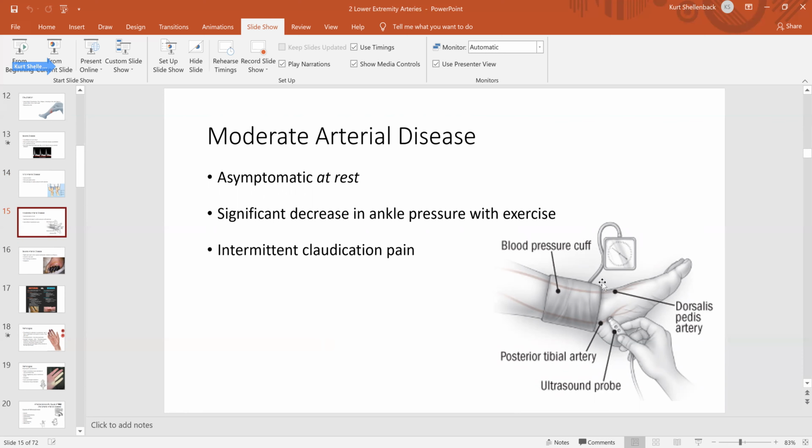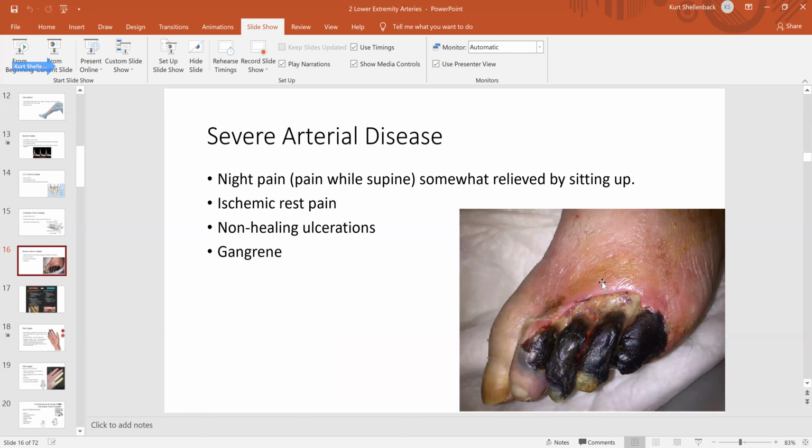So when you do an ABI, an ABI is going to give you a general idea, but an ABI plus exercise stress test is going to tell you even more, because you're going to see a significant decrease in ankle pressure with that significant increase in blood flow, and intermittent claudication. Severe. Yeah, I guess my slides are slightly out of order. Weird.